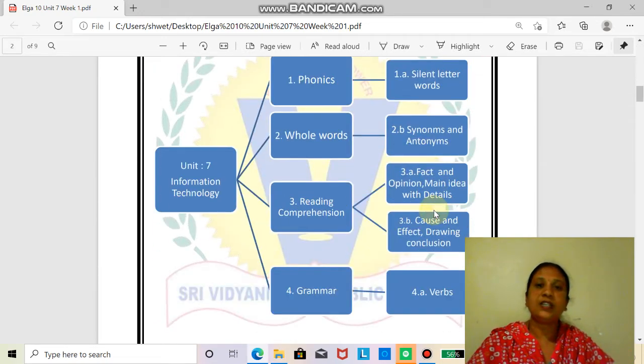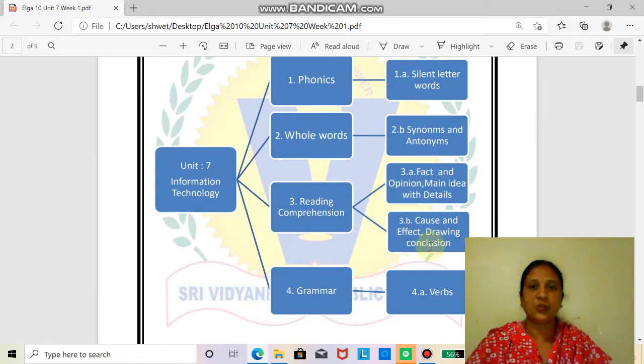Now let us see what concepts we are going to revise in this unit. The name of the unit is Information Technology, and these are the main topics and subtopics. The first topic is phonics, where we revise silent letter words. The second component is whole words, where we revise synonyms and antonyms.